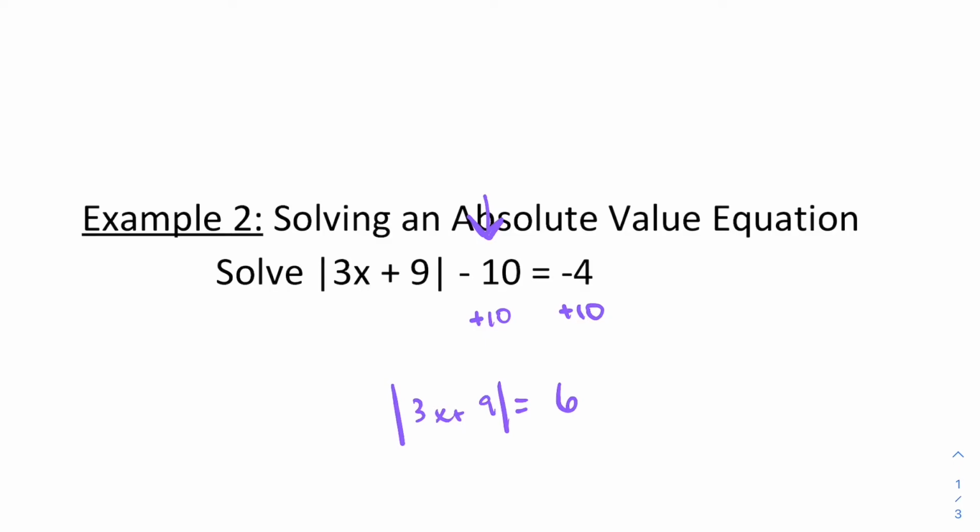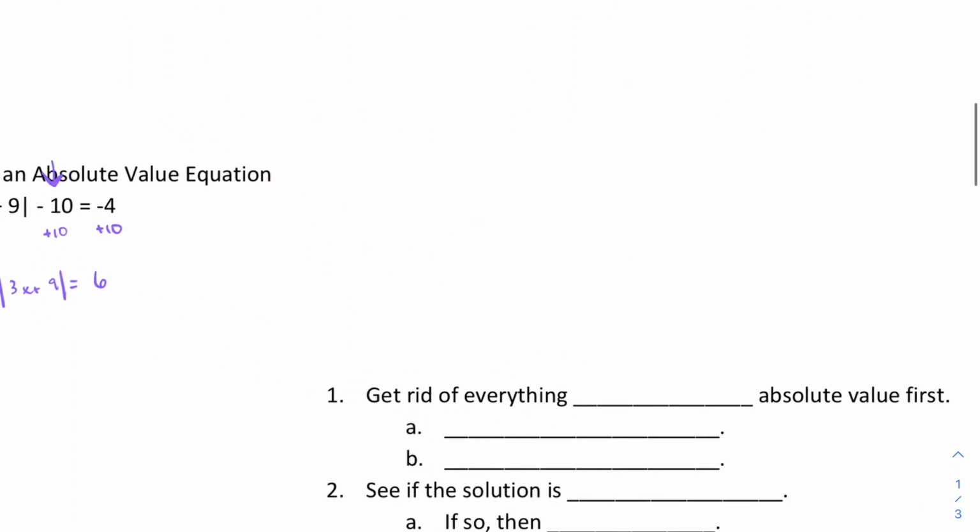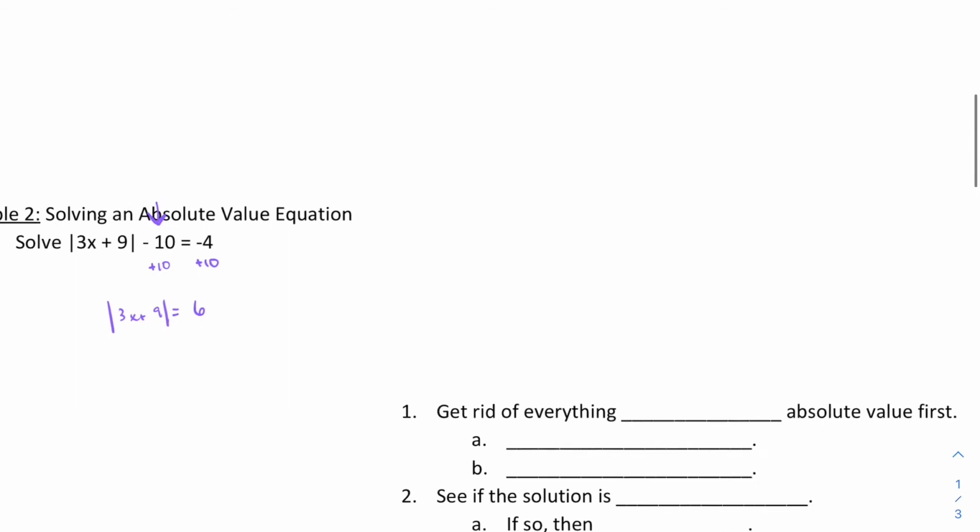So you always have to see, step 1 to solving absolute value equations, get rid of everything outside the absolute value first. So that means you either add and subtract first, right, to get rid of all the extra stuff, and then you can multiply and divide to get rid of all of that extra stuff too.